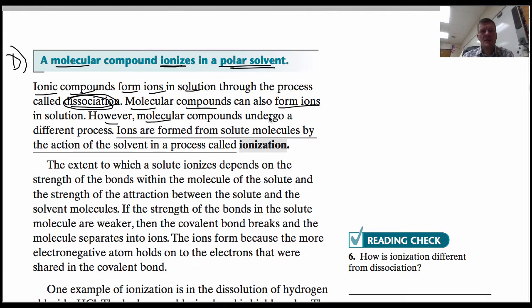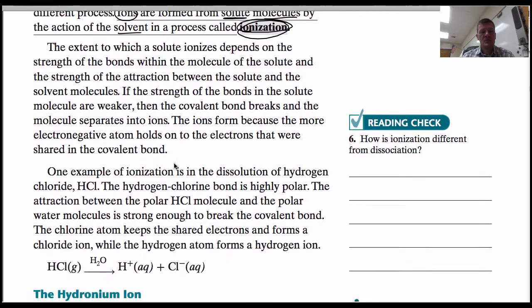However, molecular compounds undergo a different process. Ions are formed from solute molecules by the action of the solvent in the process called ionization. Now, that may seem confusing, that ionization happens when you have molecular compounds, which don't originally have ions in them, but let's see how this works.